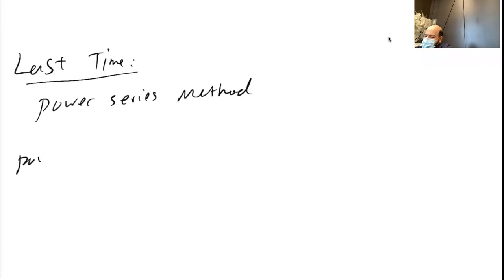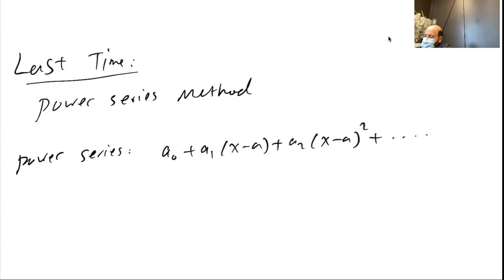A power series is a series of the form, let's say, a0 plus a1 times (x minus a) plus a2 times (x minus a) squared, and so on, which is the same as the sum of a_n (x minus a) to the power n, from n equals 0 to infinity.